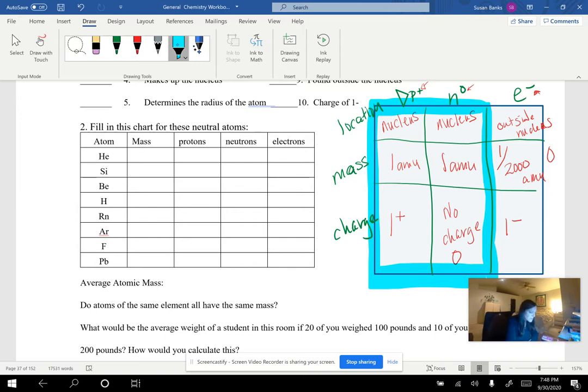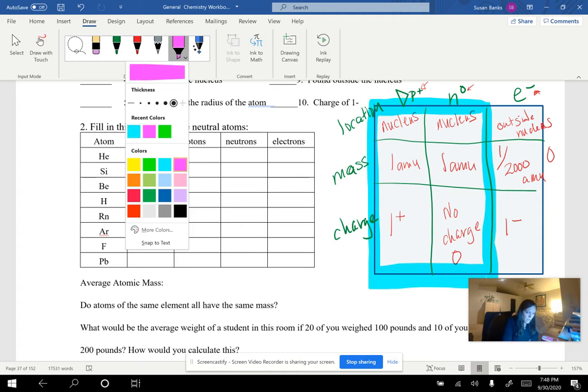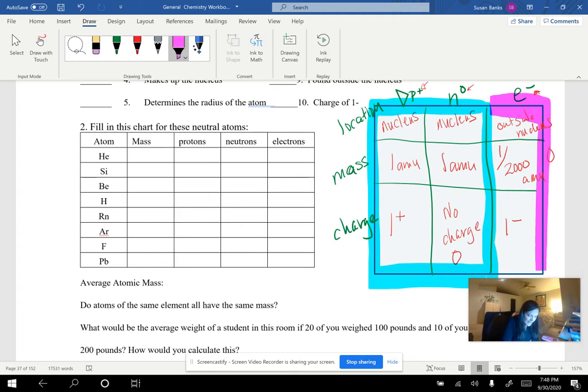And then outside the nucleus, we have all the negatives and very, very little mass. So the nucleus contains the mass and the positives. Outside the nucleus, it's just negative. Okay? So hopefully that helps you understand where things are and the charges and the masses.